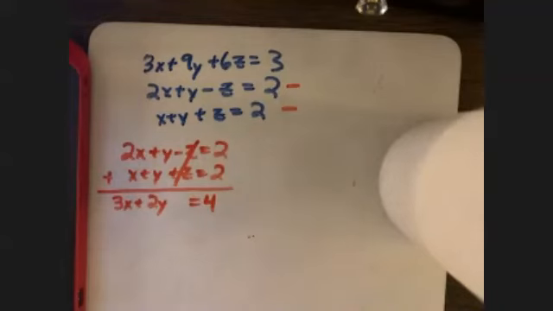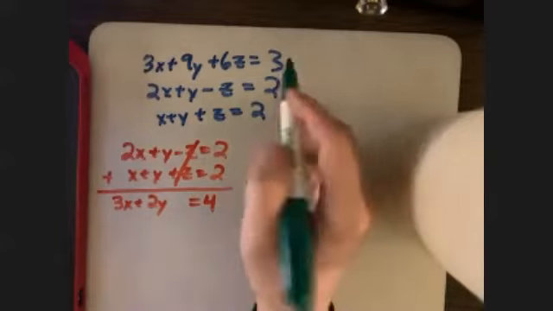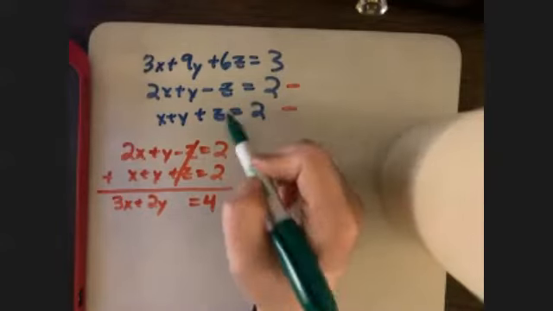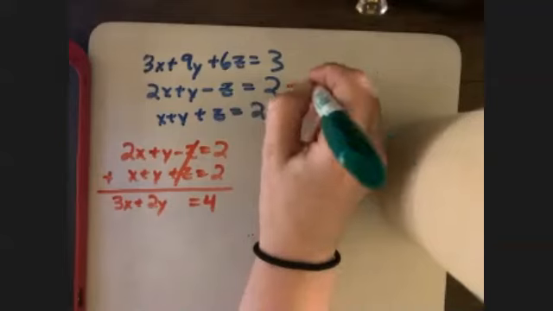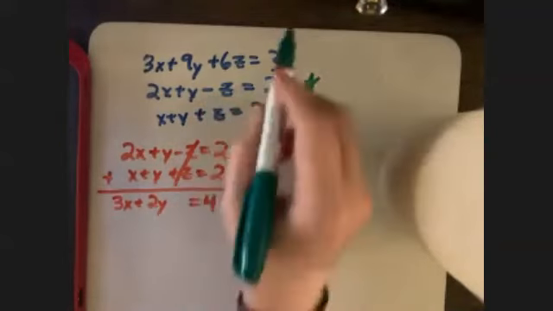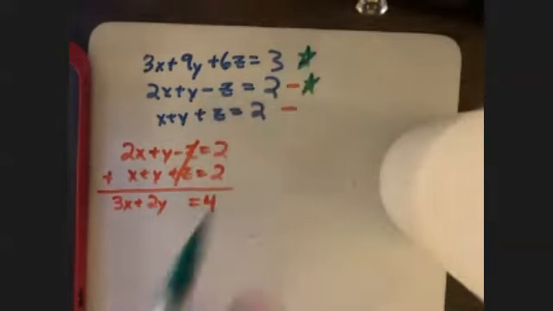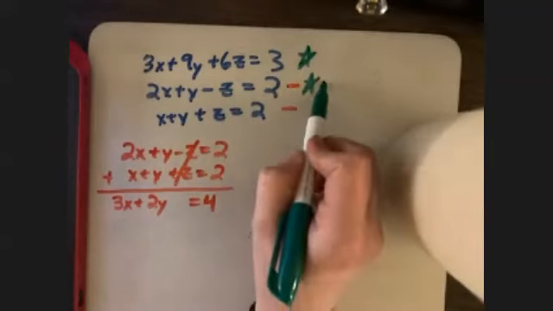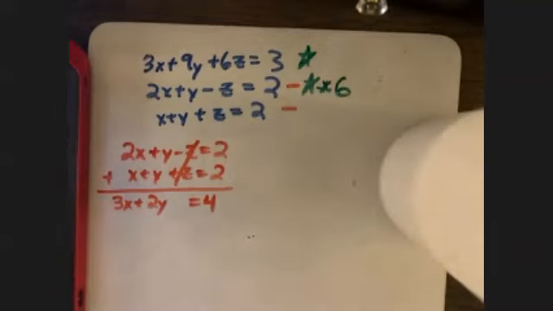Now, I'm going to partner pair two others of these, and I've got to get rid of the z's. I'm going to use this one because I've already got that negative z in there, and I'm going to partner pair it with this, okay? Now, the other thing that I'm going to do is multiply this whole line by 6 when I come down.